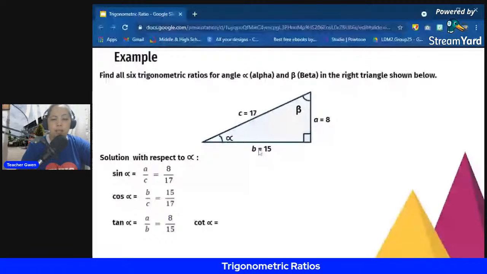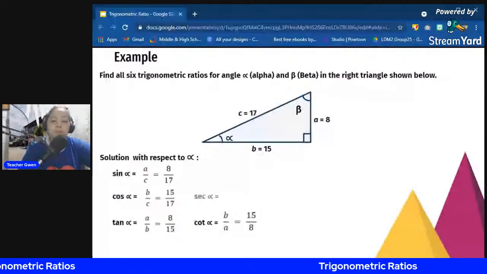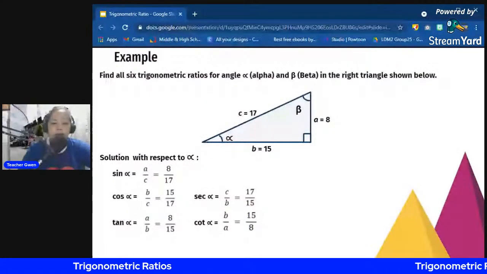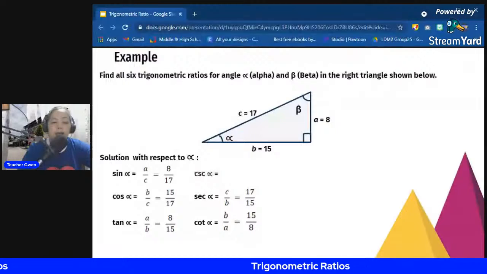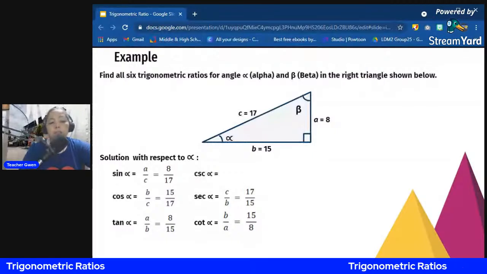Then we have secant alpha, C over B, which is equal to 17 over 15. And last, cosecant alpha is equal to C over A, which is equal to 17 over 8.